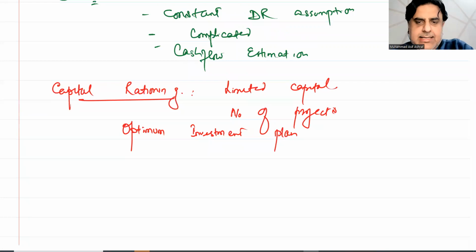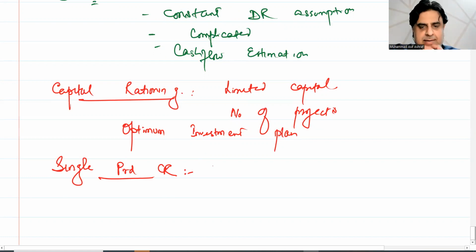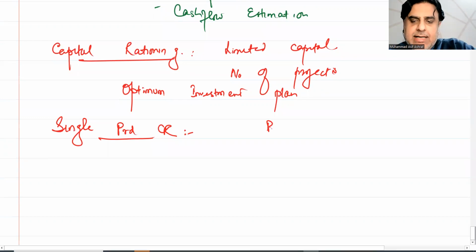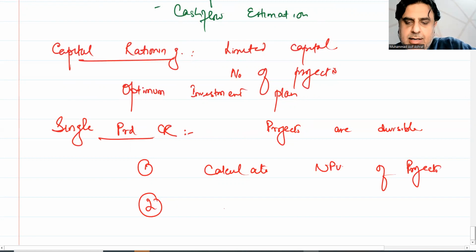Here we have different cases. If we have single period capital rationing, it means that capital rationing is for a single period and projects are divisible. The first step would be to calculate the NPV of different projects. Second step would be to calculate profitability index.